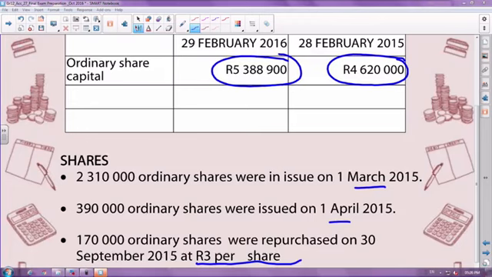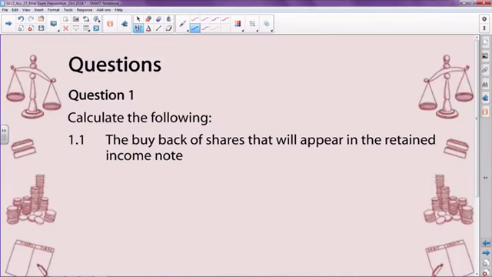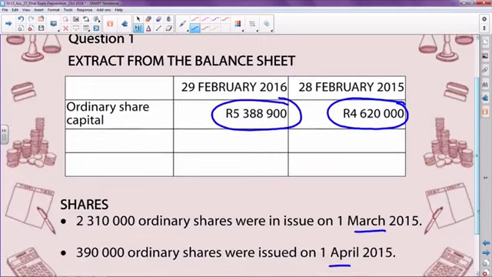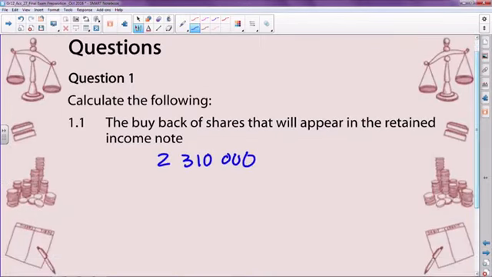Okay, now be careful here. Watch. Let's start off by saying we've got 2,310,000 shares, right? Then we issued a further 390,000 shares.